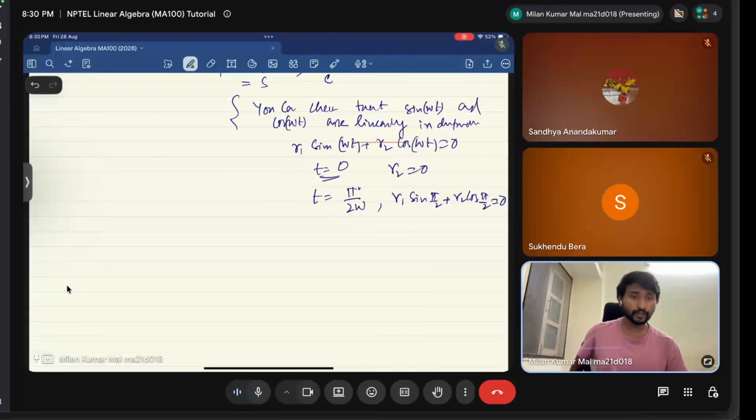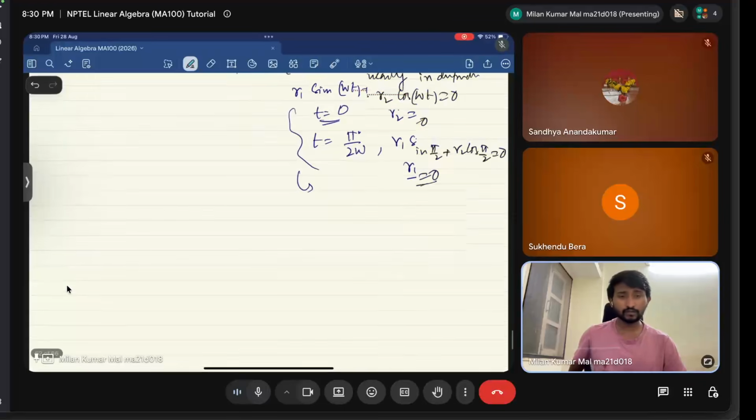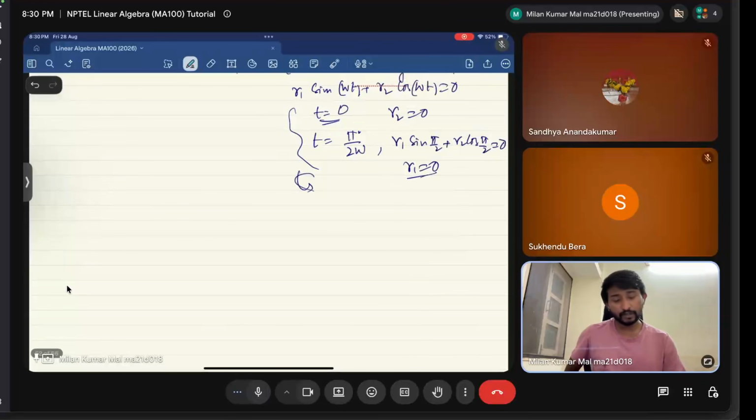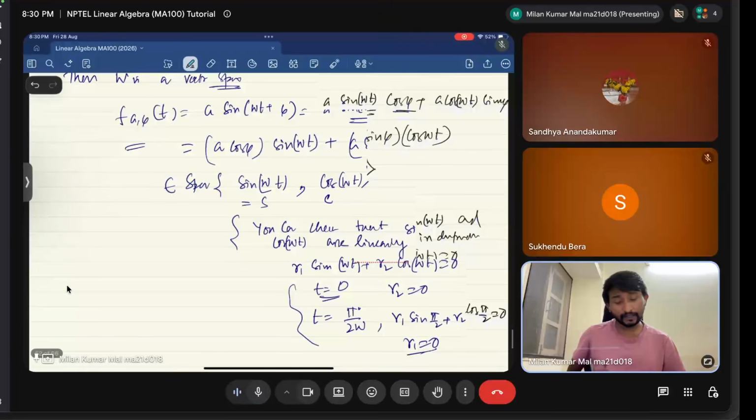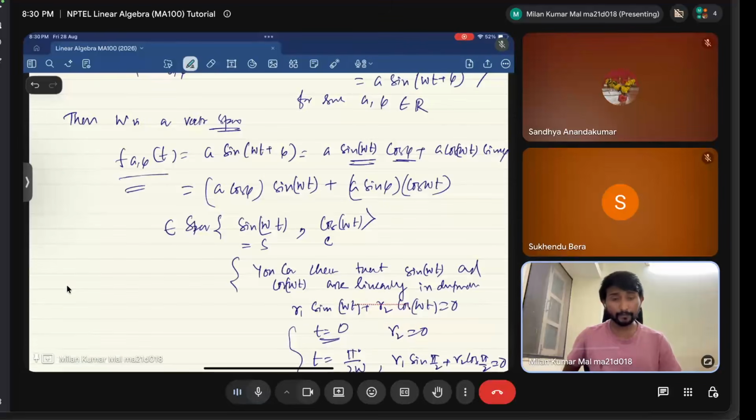We know cos pi by 2 is 0 and sin pi by 2 is not 0. This gives gamma 1 equals 0. So all this gives that sin wt and cos wt are linearly independent, and every function f of a phi is contained in the span of this set.